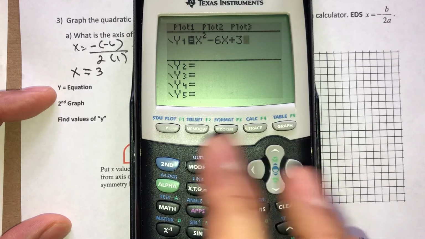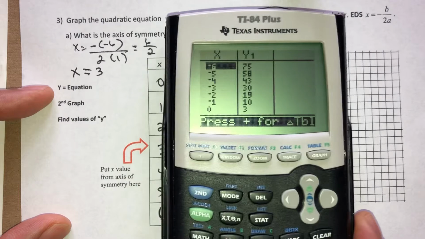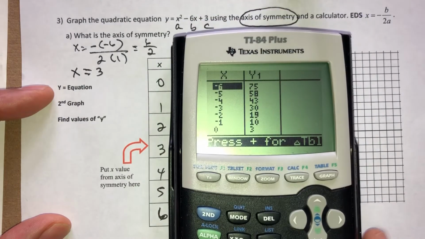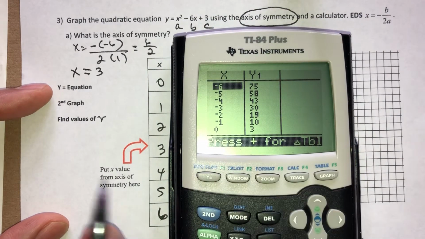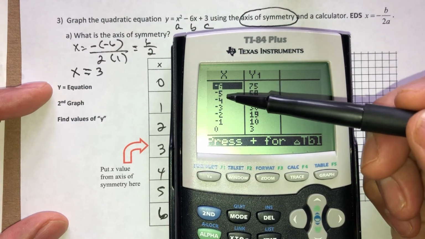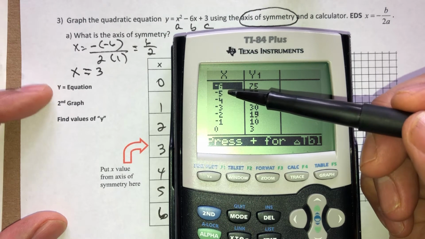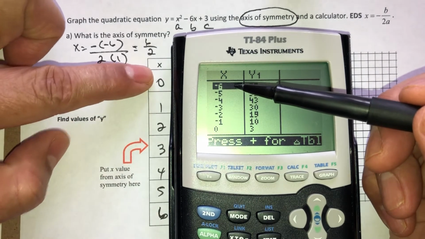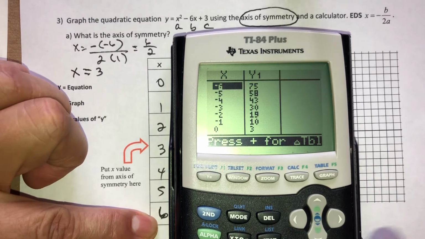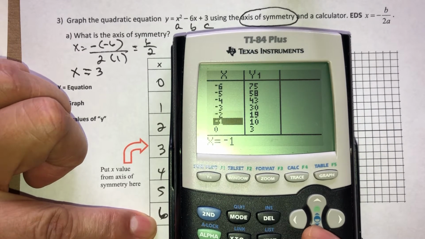And if I go to my second graph, look, because I used different equations before, the calculator already has that interval recorded. So remember, the good thing about the axis of symmetry is that you're going to go from 0 to 6, right? So I'm going to go down the calculator until we get 0 on top and positive 6 on the bottom.